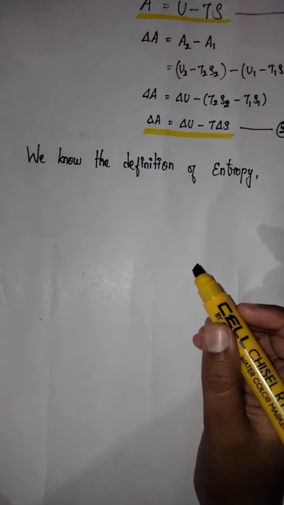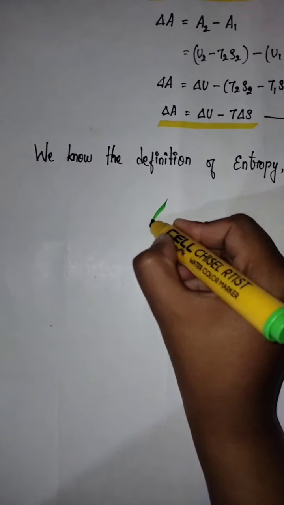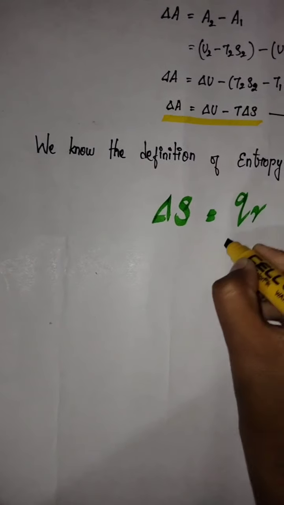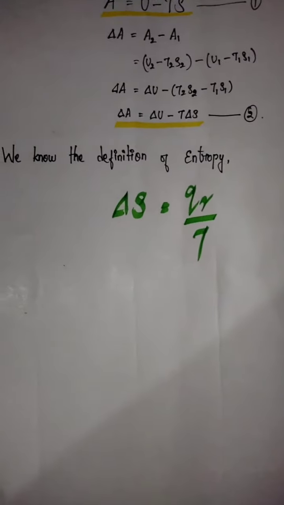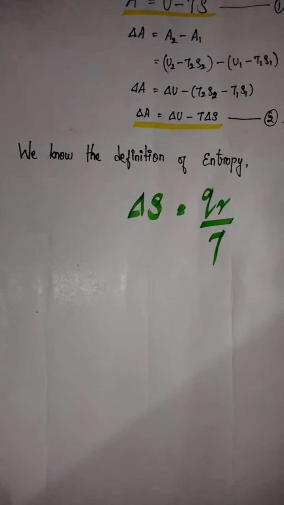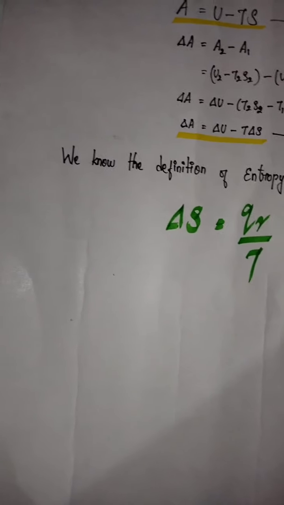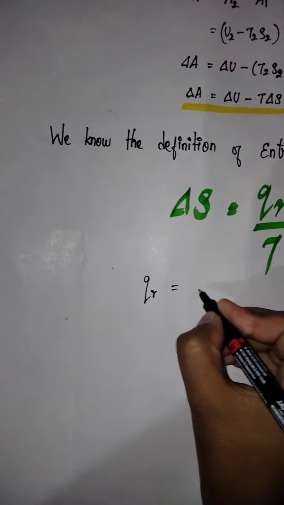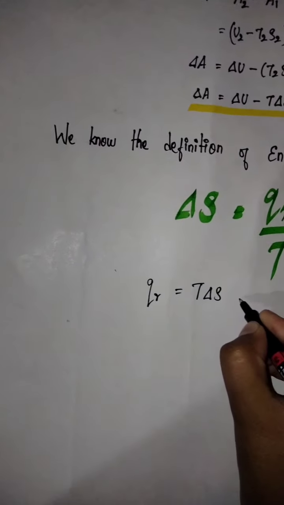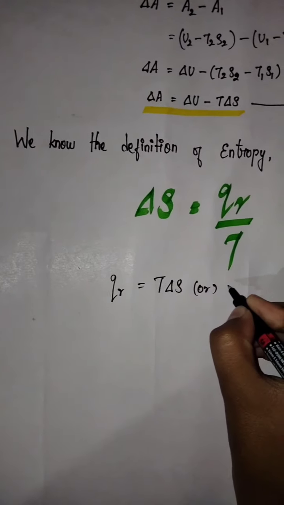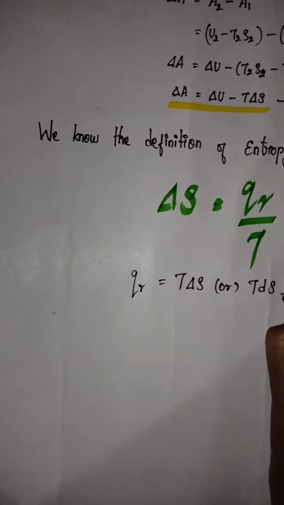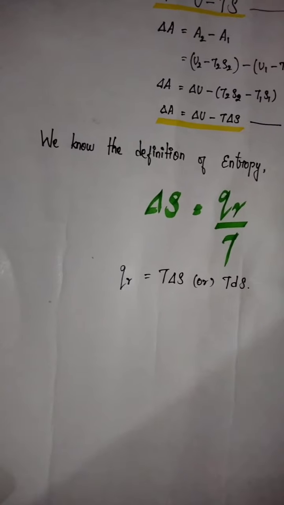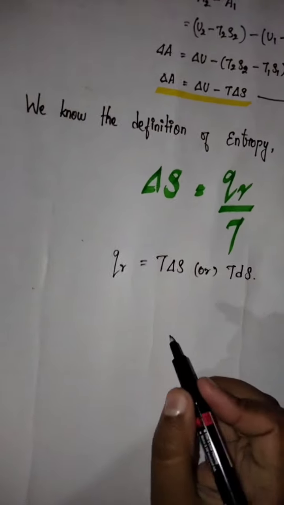We know the definition of entropy, that del S is equal to QR divided by T, where QR is equal to T del S, or T dS.